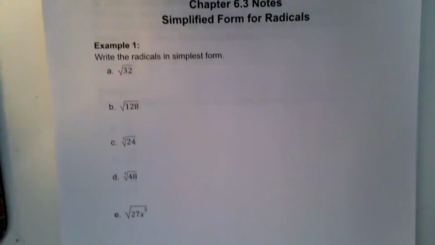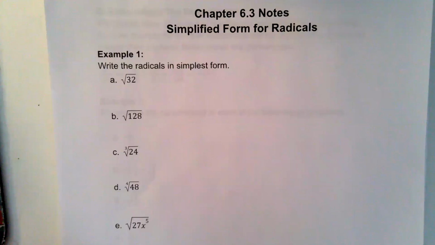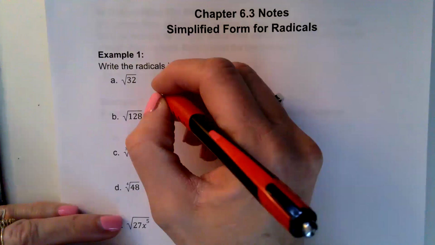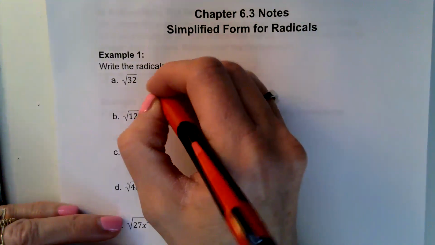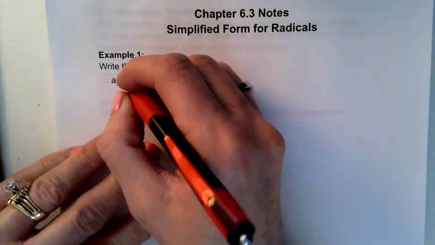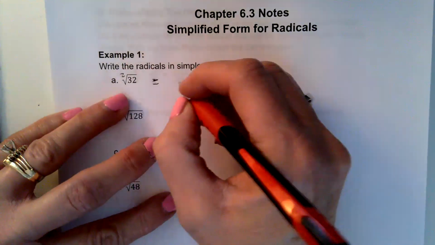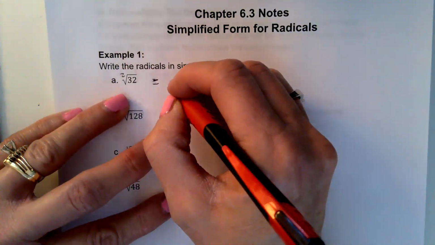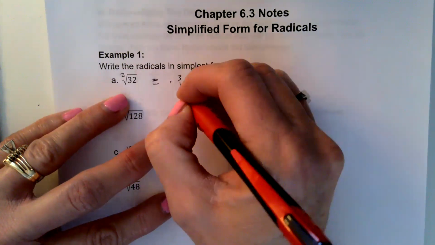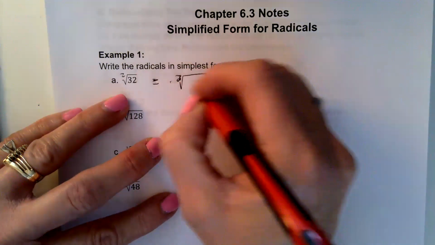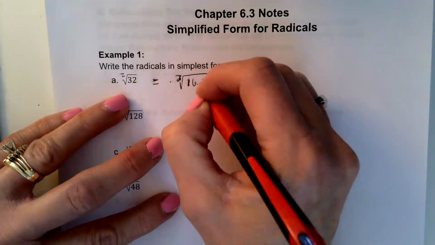Okay, so let's use some of those properties to simplify these radicals into simplest form. I'm looking for square roots because there's no index here. The square root of 32 can be written as the square root of 16 times 2.